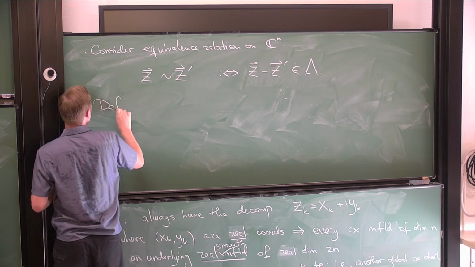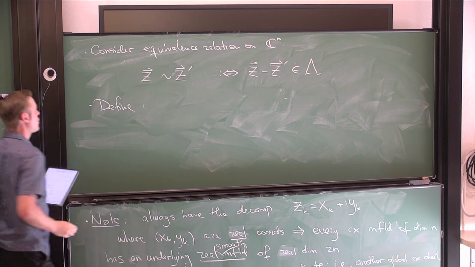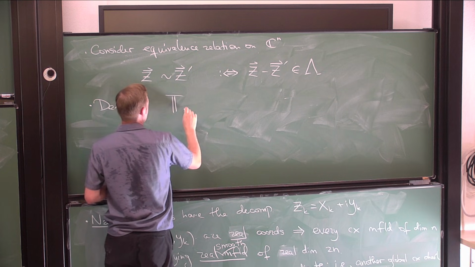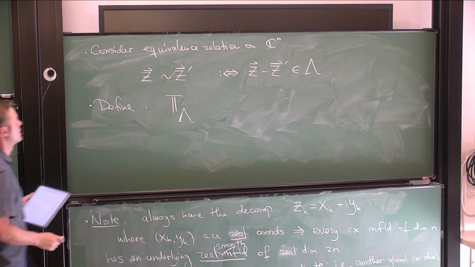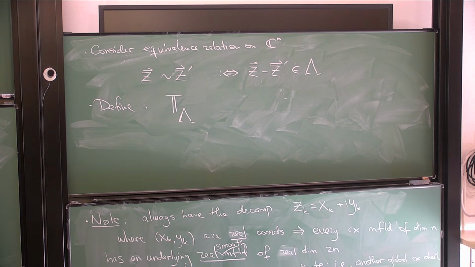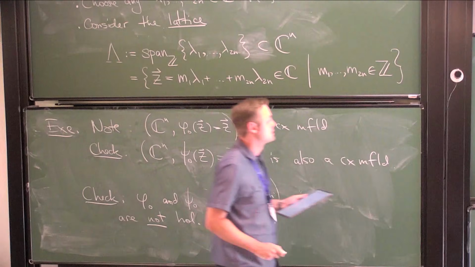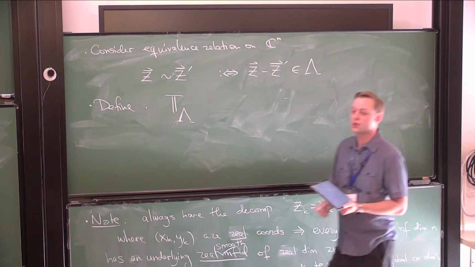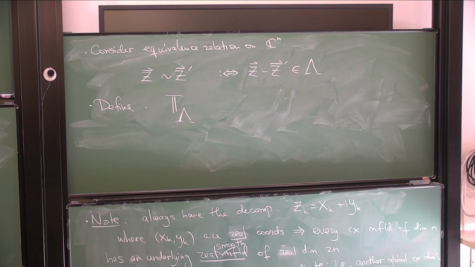And then we define the complex torus as the quotient. Is there a question? Yeah, don't we also assume they're linearly independent? No, you don't have to. You may want to, in order to get good properties for these complex tori, but you don't need to.